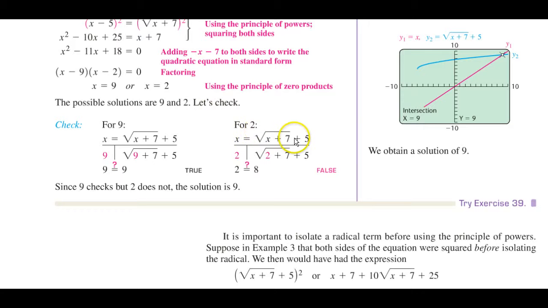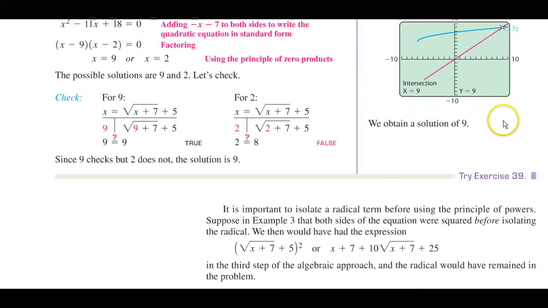But in our original equation, the 2 doesn't work. So even though you got these two as possible solutions, you have to really check them to see which ones will work. If you put both in MATLAB, they're going to count that wrong. You have to check them and put only the 9. Okay.